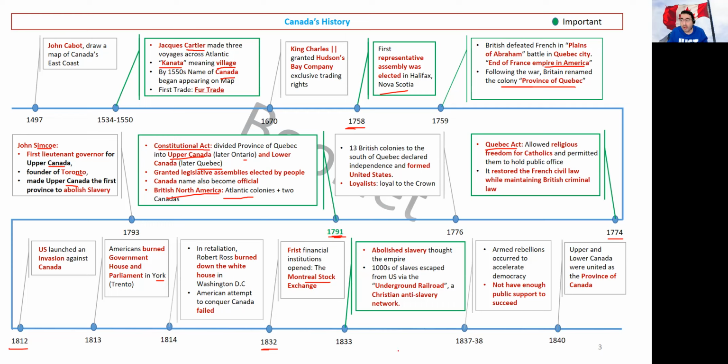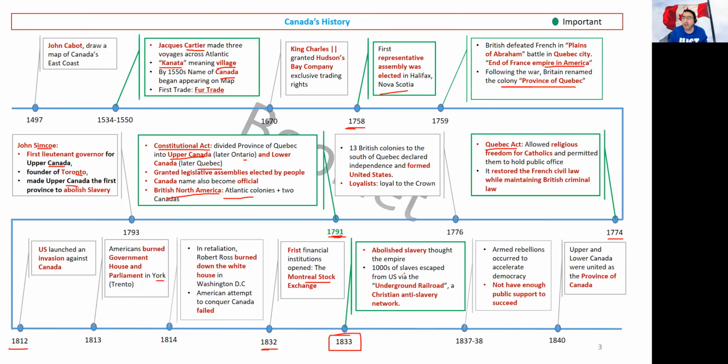Okay. The next event will be 1833. So now the anti-slavery movement continues. Slavery was abolished throughout the empire in 1833, and this is also an important date, when slavery was abolished completely. Slavery still existed in the USA, but it was now abolished in Canada.